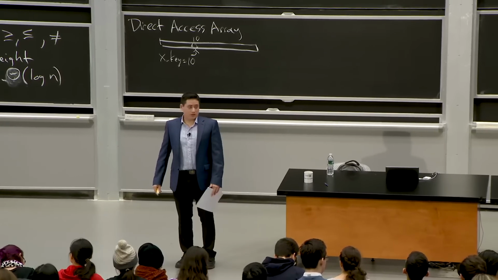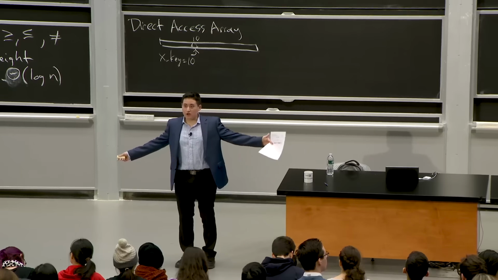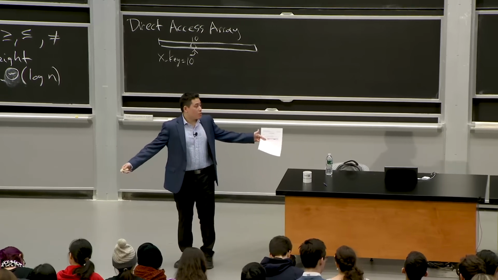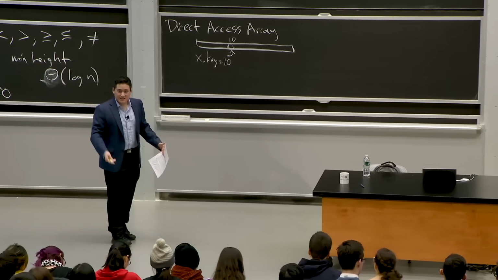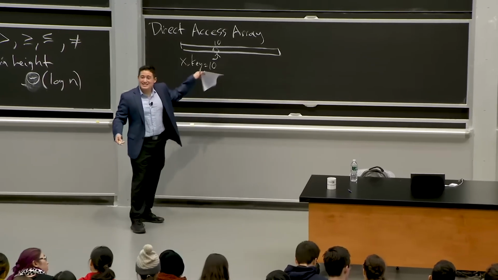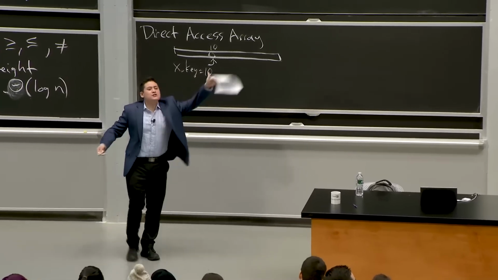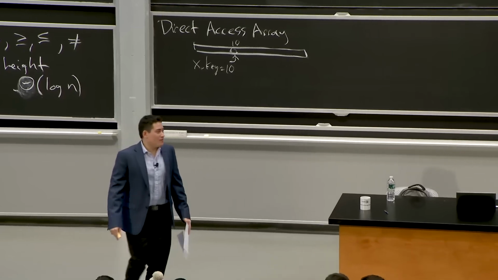How big are those numbers? Those are like 9-digit numbers. Pretty long numbers. So if I was storing your keys as MIT IDs, I would need an array that has indices that span the entire space of 9-digit numbers.